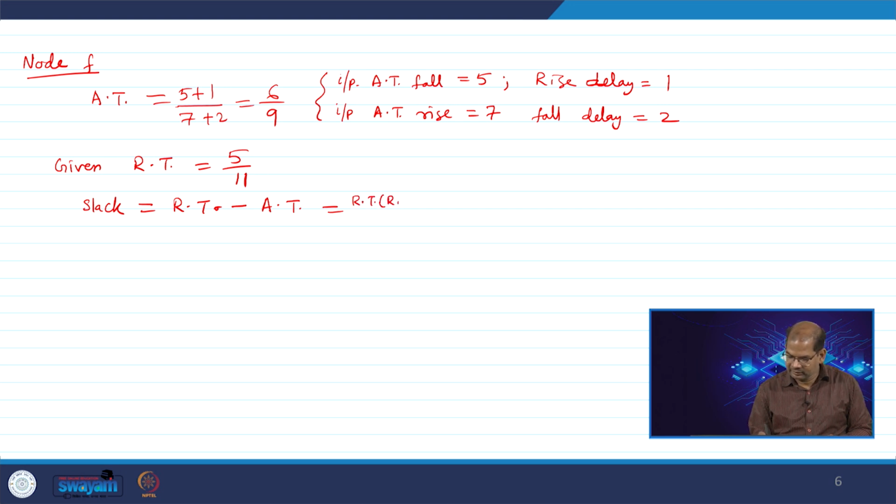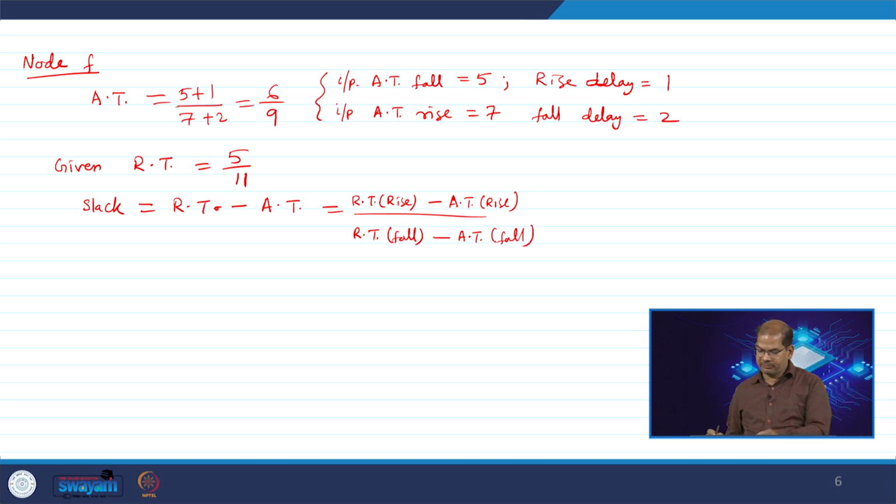Similarly, the fall arrival time will be subtracted from the fall required time. If I do the subtraction, this will be 5 minus 6 divided by 11 minus 9, which is basically minus 1 by 2.